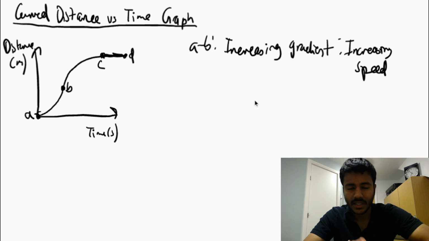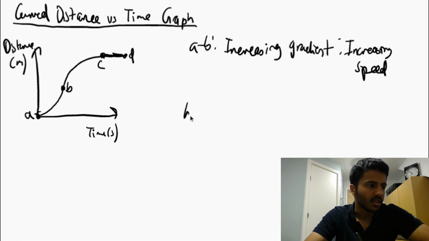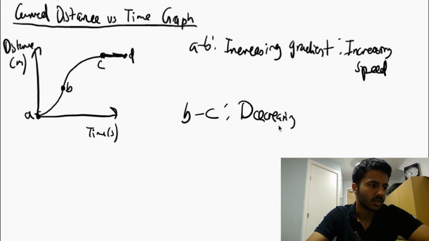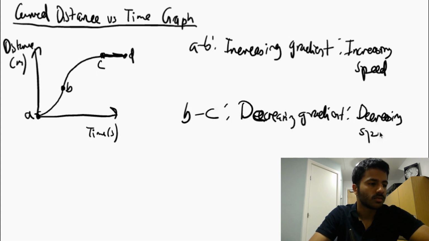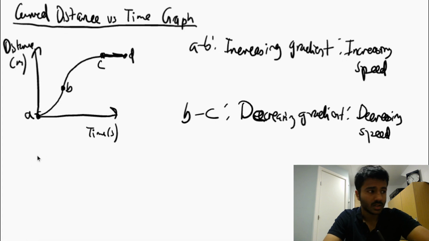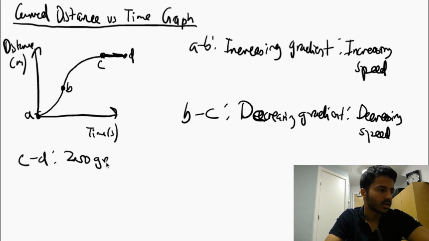Now if you look at points B to C, you can see that the gradient is decreasing. So that means the speed is decreasing. If you look at points C to D, you have zero gradient and therefore zero speed.